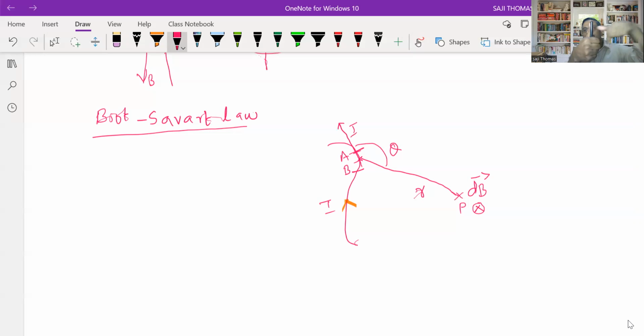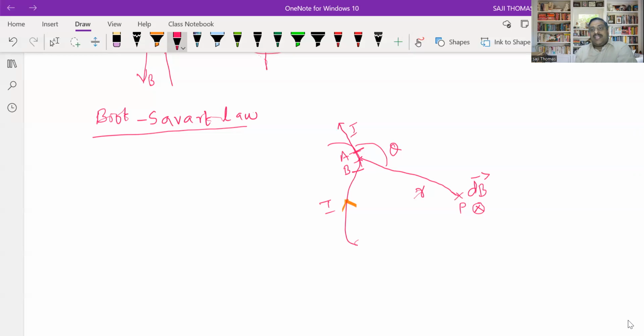So current upward, magnetic field will be concentric circles, in anti-clockwise direction. The magnetic field at this point will be into the plane of the paper. And this magnetic field is perpendicular to the plane containing current and R.